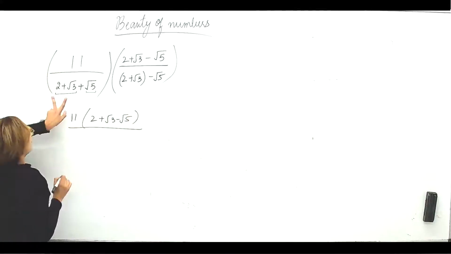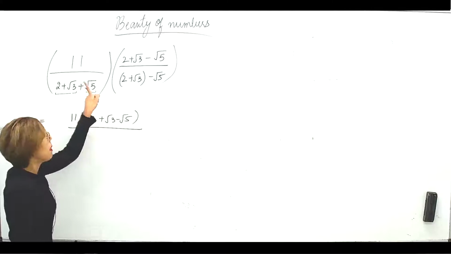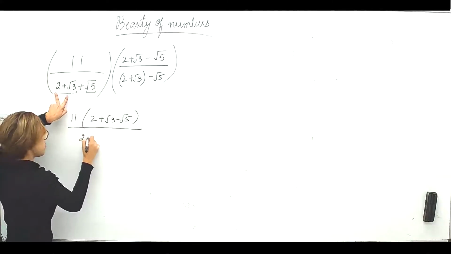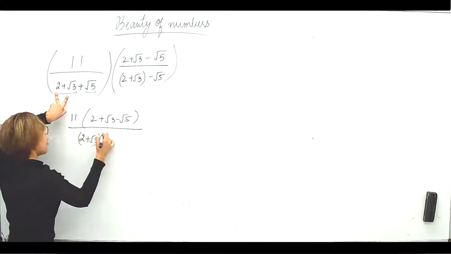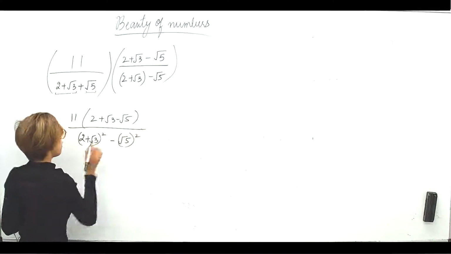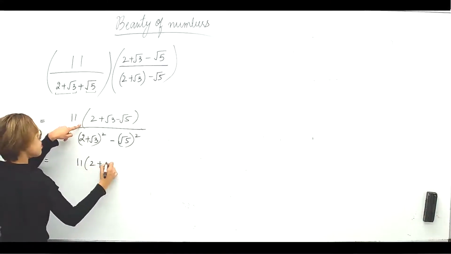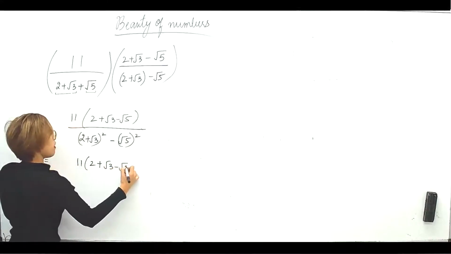And denominator. Now a plus b into a minus b, so a square minus b square. So a is 2 plus root 3 whole square minus root 5 whole square.